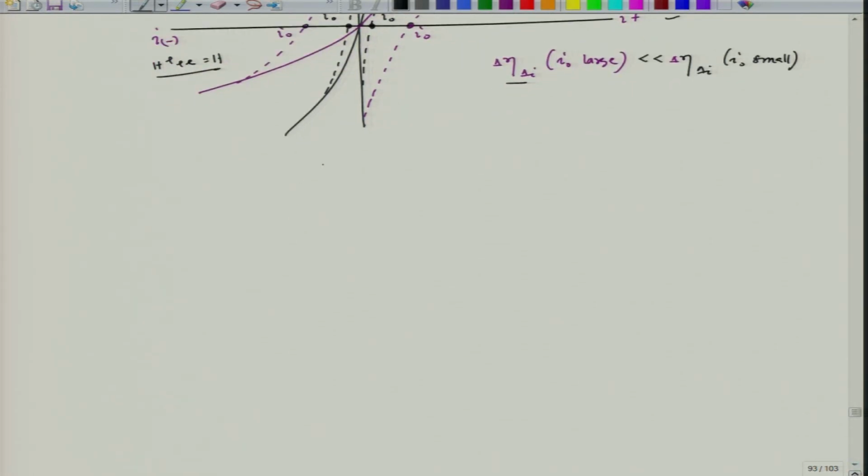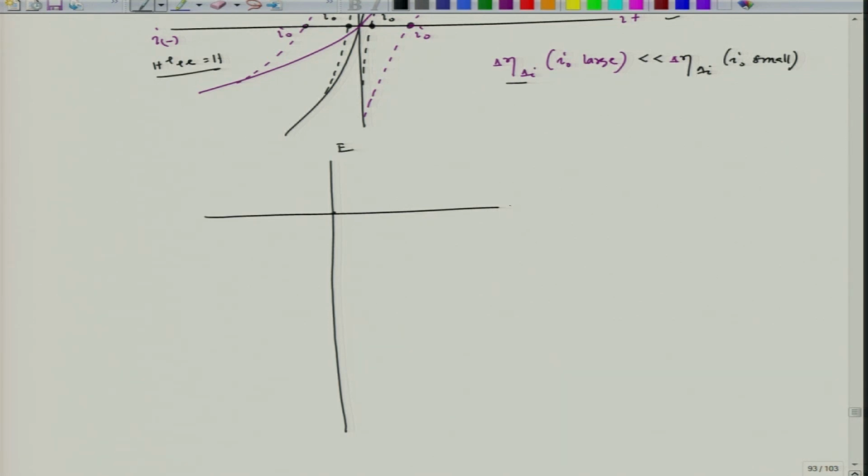So, let us say this is the hydrogen equilibrium potential. Let us say this is overvoltage, and I can also term it in the form of potential.